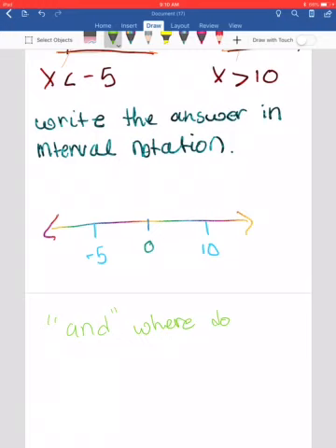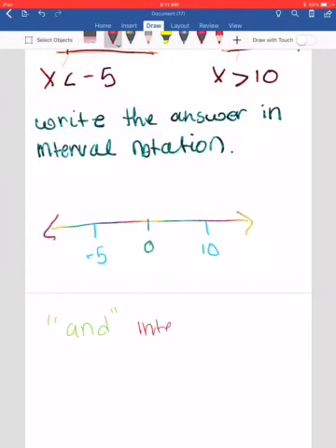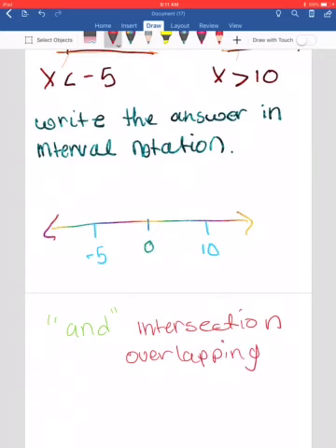I think it makes it easier, with less wording, if we simply say the symbol for intersection. We're looking for intersection, so overlapping solutions. I think those should be keywords.